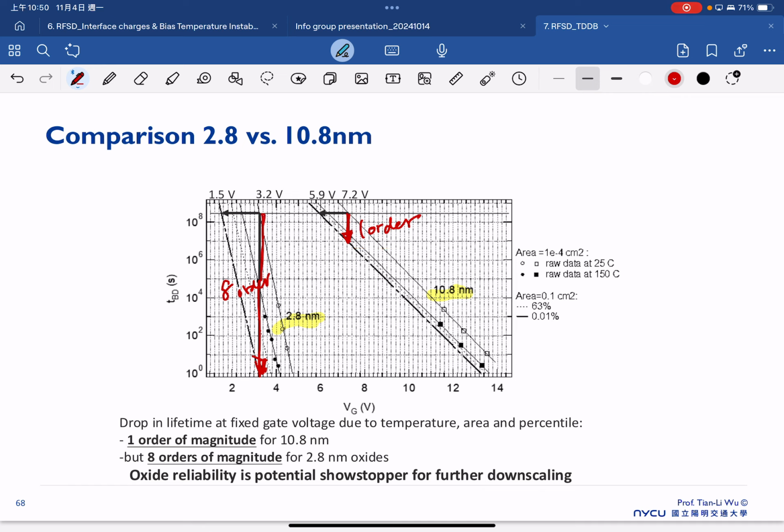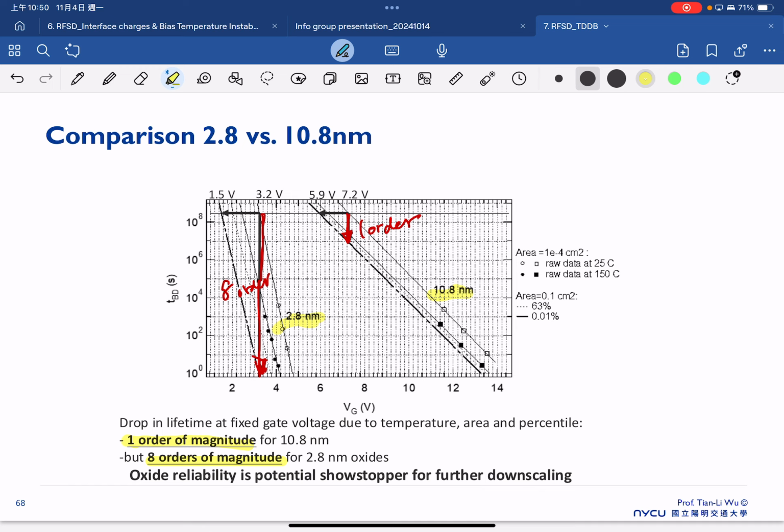So you can see the drop in lifetime at fixed gate voltage due to temperature, area, and percentile. We have a 1 order of magnitude decrease for 10.8 nanometer from the experimental result to shift to our spec. But we have the 8 order of magnitude shift from 2.8 nanometer to our targeting spec.